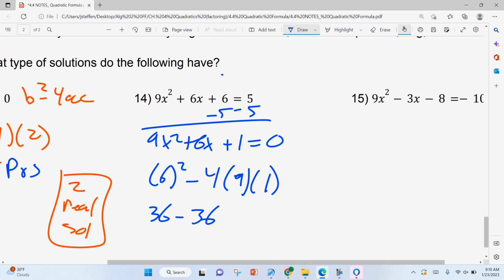Again, if you guys just put that in your calculator, honestly, that's what I would do. I just put this in my calculator. But I like to show you how it ends up equaling 0 or positive or negative. 36 minus 36 is 0, so that is 1 real solution.